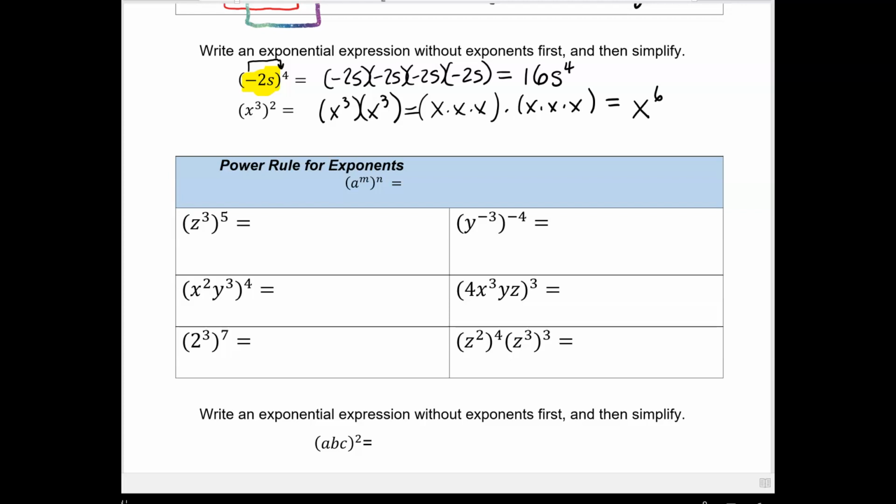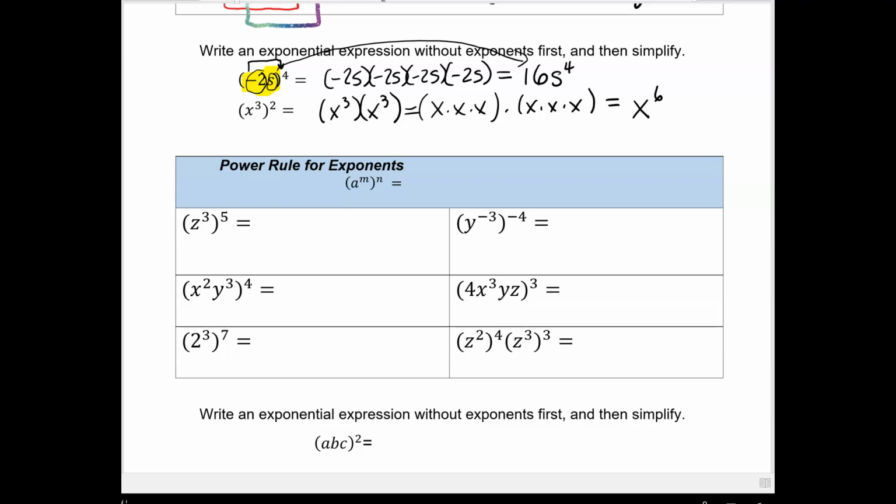Now notice from these two examples, there was a shortcut, right? Notice we could have just taken negative 2 to the fourth power, and we could have taken s to the fourth power, which would have given us 16s to the fourth power.